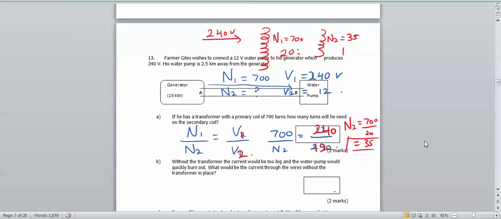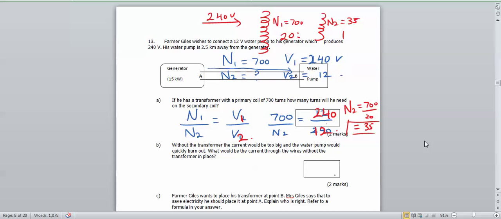Without the transformer, the current would be too big and the water pump would quickly burn out. What would be the current through the wires without the transformer in place? Well, we know that it's a 15 kilowatt transformer, so 15,000 is equal to 240 times the current. So that's quite a big current, isn't it?